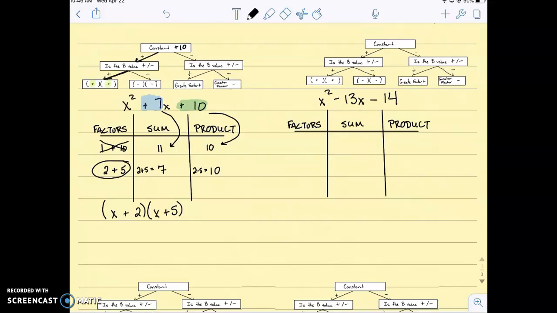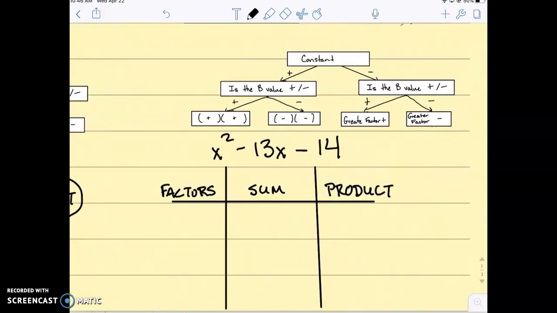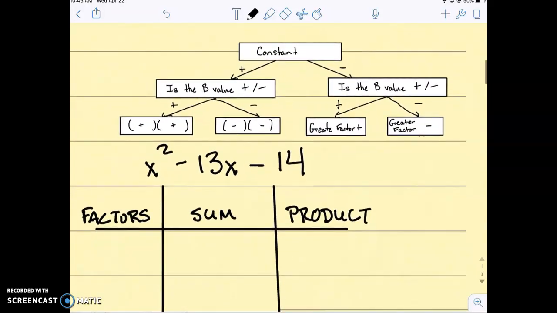This time we have x squared minus 13x minus 14. The first thing we do is we identify the constant. Where is the constant? It is negative 14. So since my constant is negative, I'm going to take the negative path.